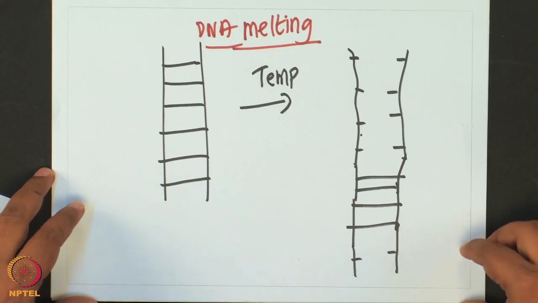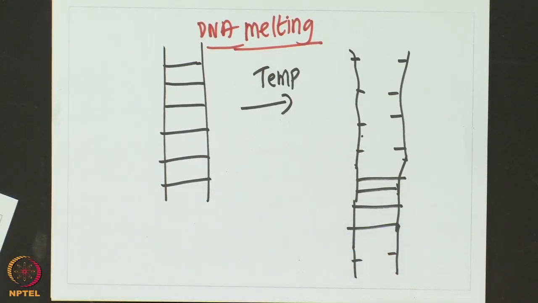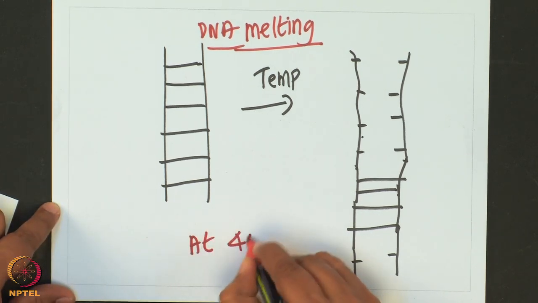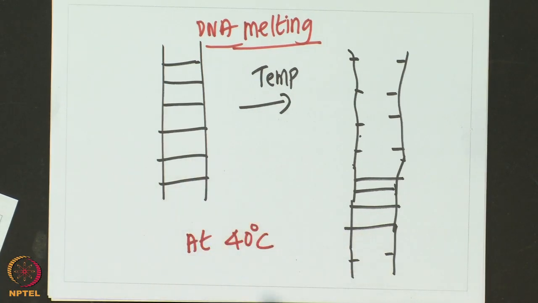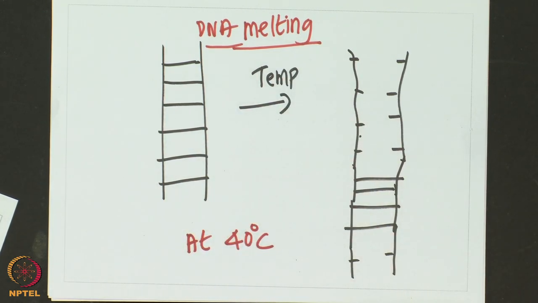So let us ask a simple question about this DNA melting itself. At 40 degrees Celsius, if I have a DNA of, let us say, 10 base pairs or 20 base pairs, how many of these DNA bonds will be intact and how many will be broken?